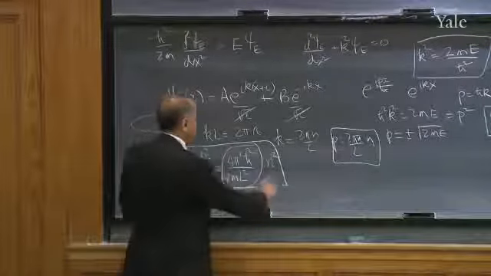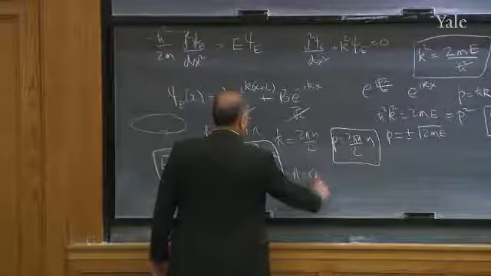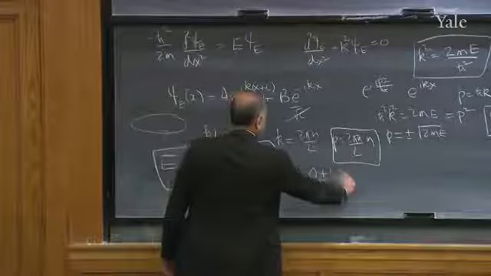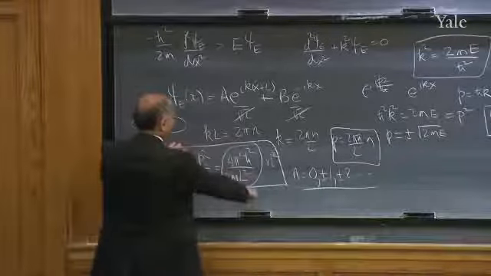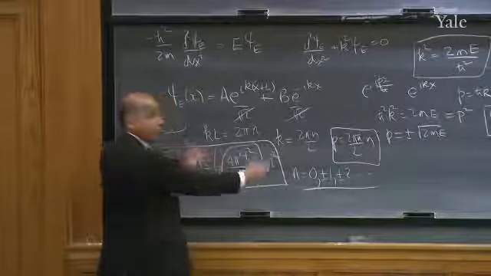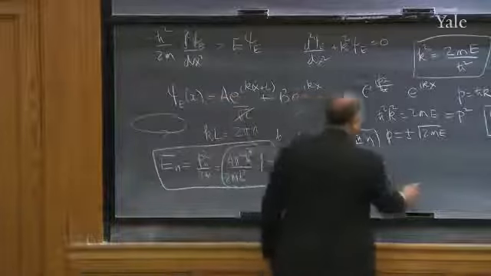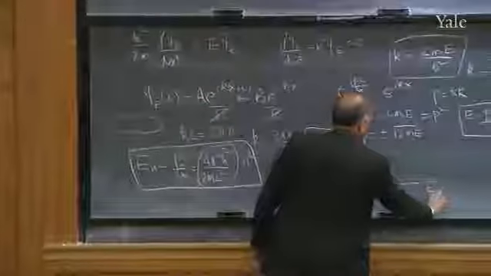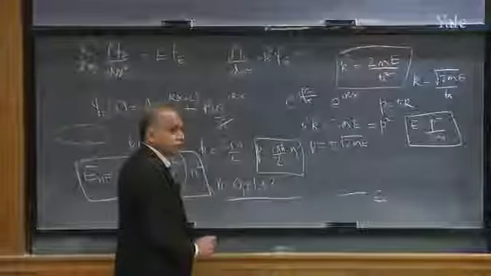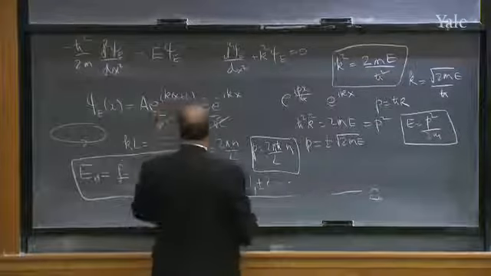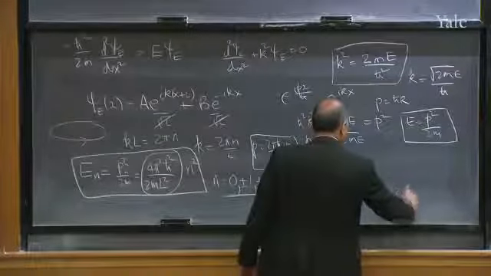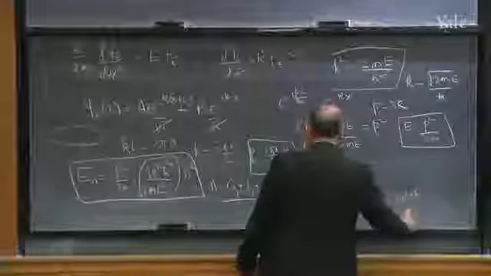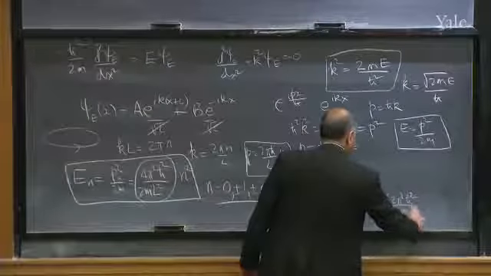N can be 0, plus or minus 1, plus or minus 2, etc. For every n you put in, you will get this basic number times 0 square or 1 square or 2 square. So you will find that will be the state E0, which is n equal to 0. Then above that, that will have an energy. Energy of that will be what? 2 pi square h bar square over m L square.